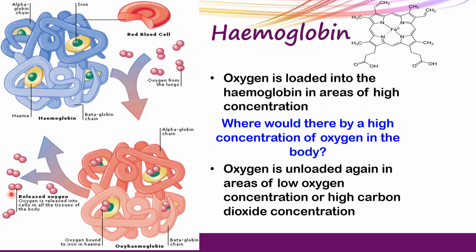The products of aerobic cellular respiration, like water and carbon dioxide, are being produced, so carbon dioxide concentration is high there. The cells need oxygen to carry on aerobic cellular respiration. If there is more carbon dioxide, there is less oxygen, so oxygen will diffuse out of hemoglobin, or red blood cells, into the cells.